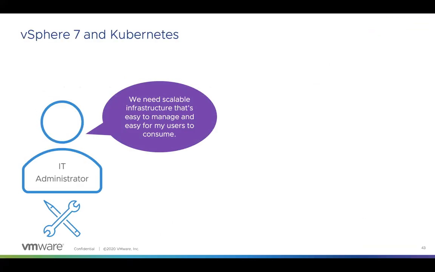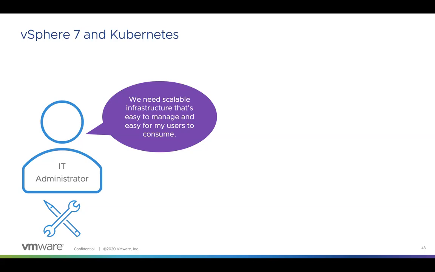So a typical IT administrator, what is the major goal for them? What they want is a scalable infrastructure that is very easy for me to manage and easy for my users to consume. When I say users, it can be developers or the internal team who wants to launch some applications.